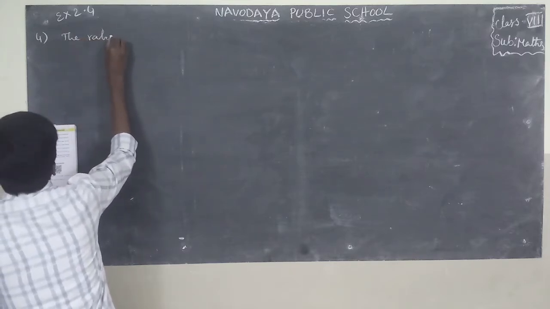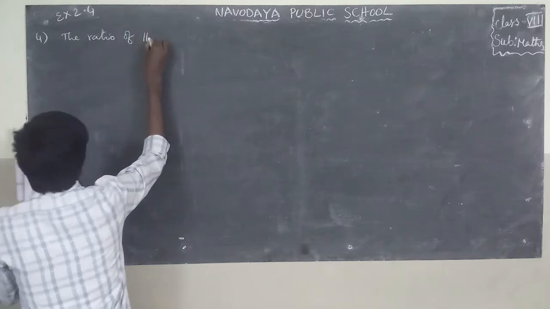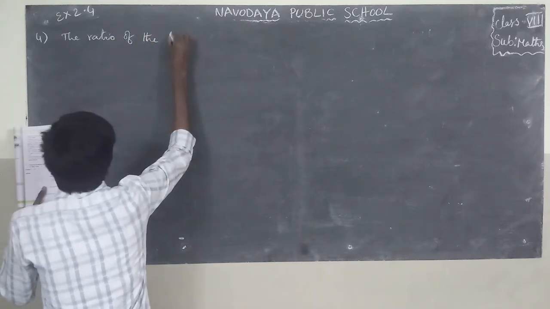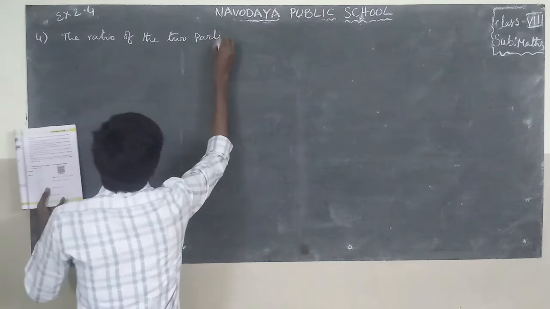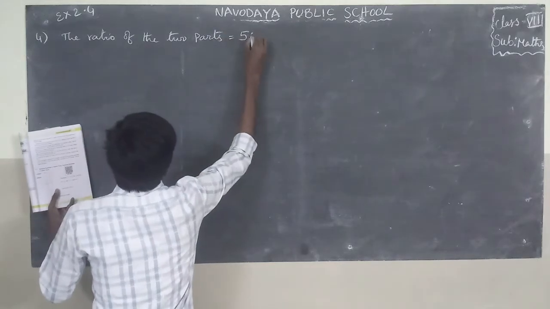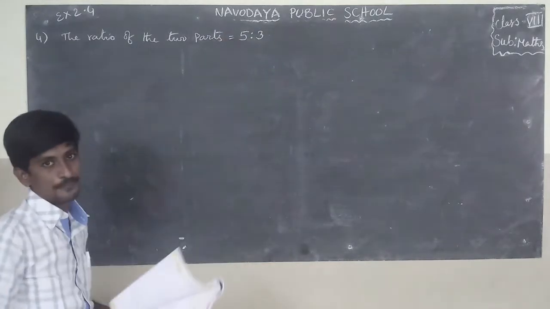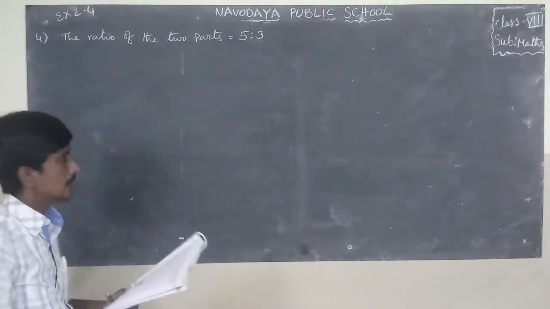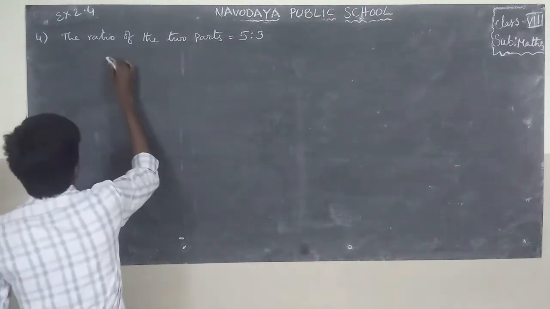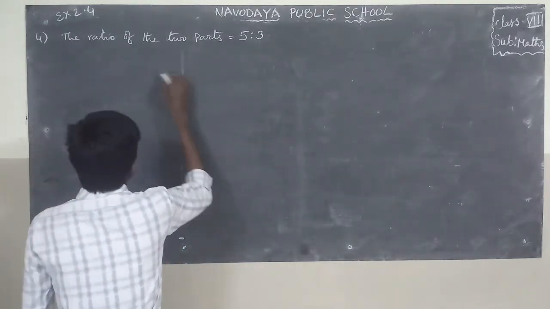The ratio of the two parts equals 5:3. Then what is the first part?